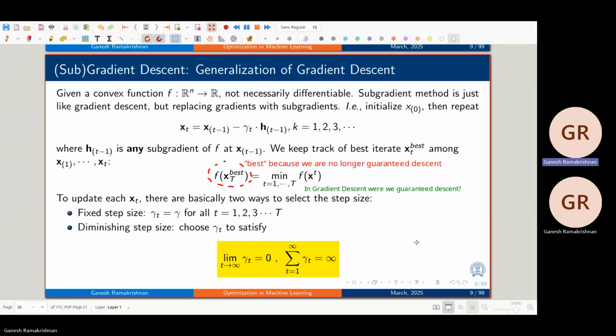See, gamma t's are going to 0, but the sum is divergent. They are 1 upon t or higher, right? So this is an example of a series here.